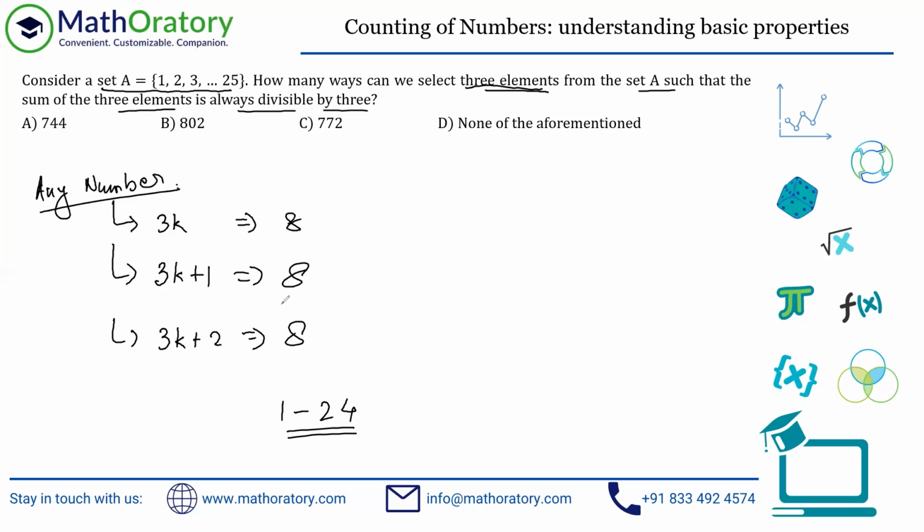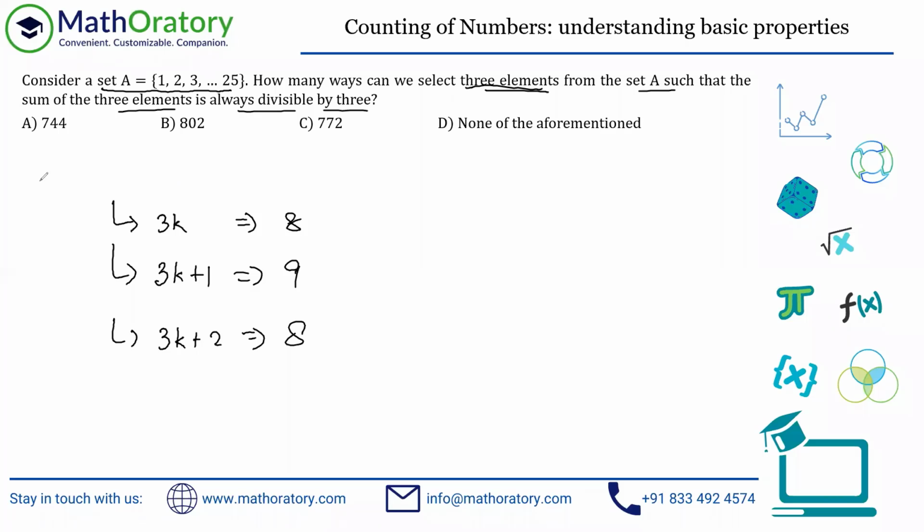But that 25 is of this form, isn't it? So 25 when divided by 3 leaves a remainder of 1. So if I consider 1 to 25, all that happens is we get one extra number in this group. So this is what we have, right? So from 1 to 25, these are the numbers.